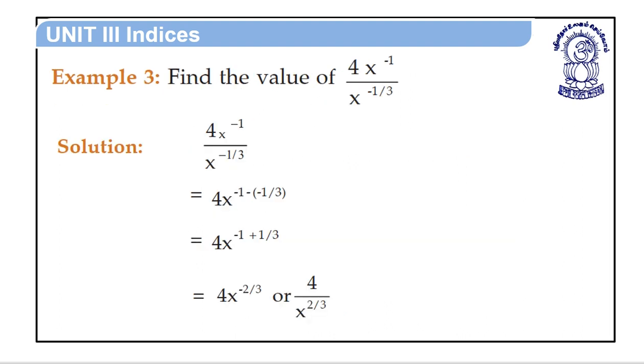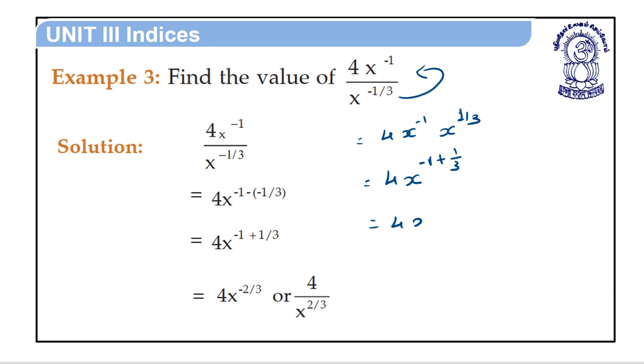Next, find the value of 4x raised to minus 1 upon x raised to minus 1 by 3. Here 4x minus 1. Take x into numerator, so x raised to plus 1 by 3. So 4x raised to minus 1 plus 1 by 3.